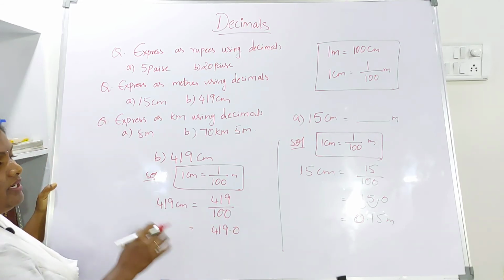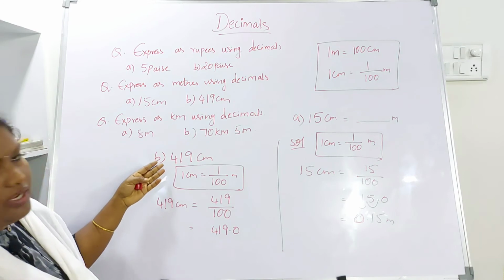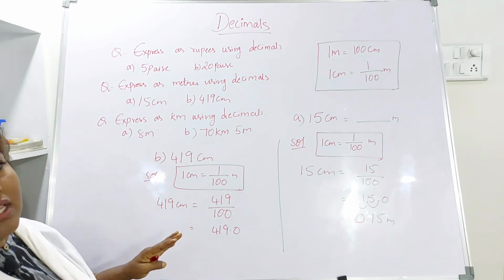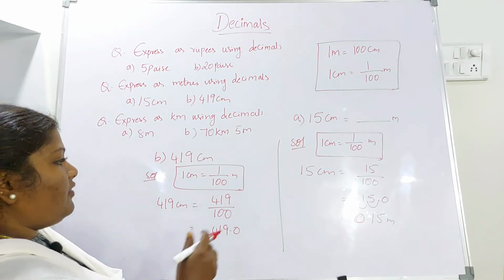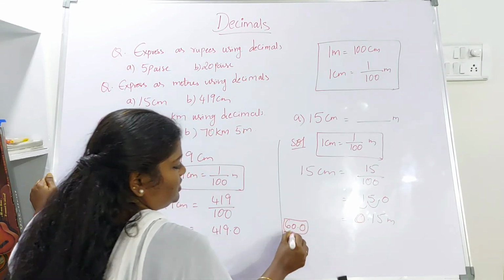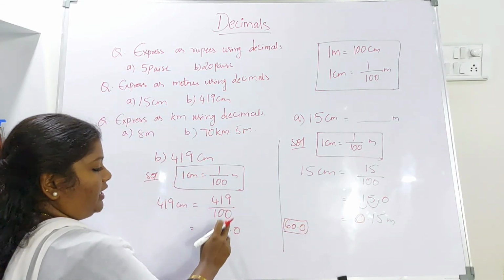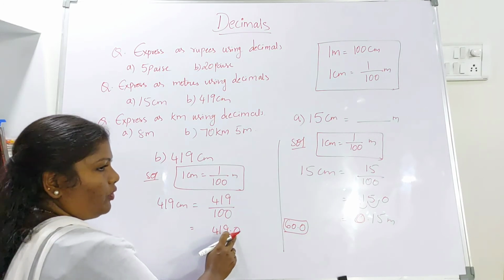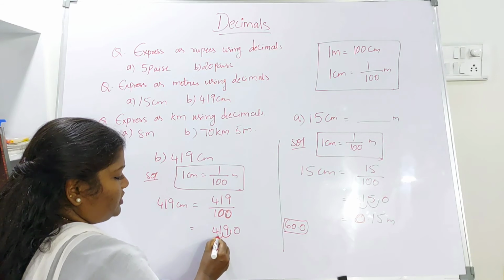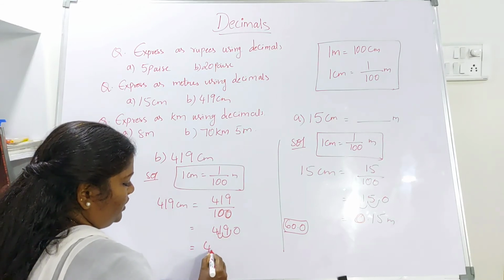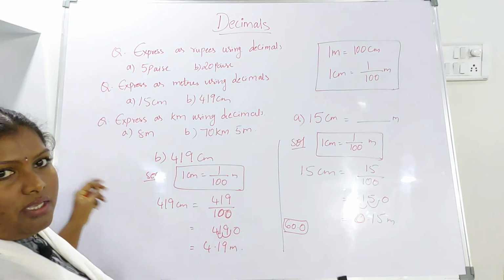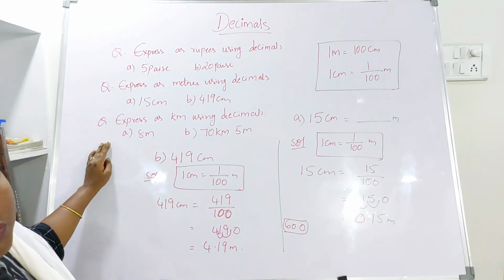So after the point it is default. You have to understand whenever it is a decimal fraction, if I say 54, you have to understand it is 54.0. If I say 60, it should be understood that 60.0. So here 419 in the sense 419.0. You have two zeros here, so the point will shift 2 places and you are going to get 4.19 meters.